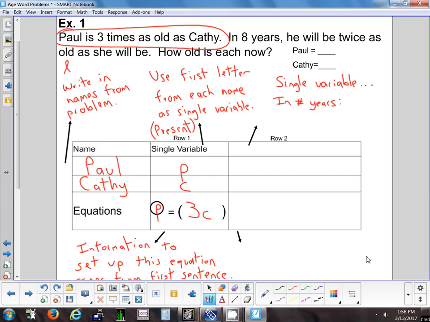If it's said in the problem in a number of years, what math operation do I do? Will it be increasing or decreasing? Increasing, right? So I'm going to add, because it says in the problem, in a certain amount of years.